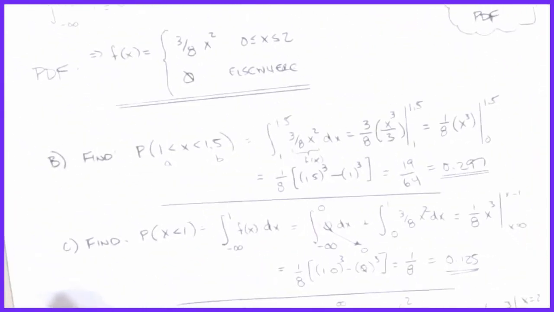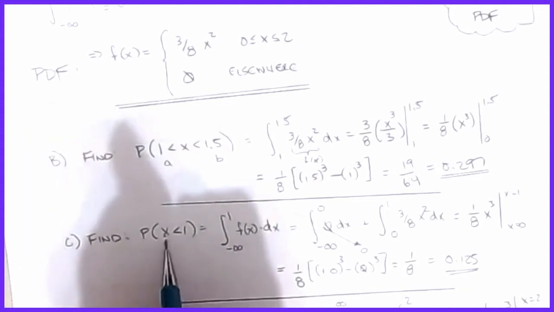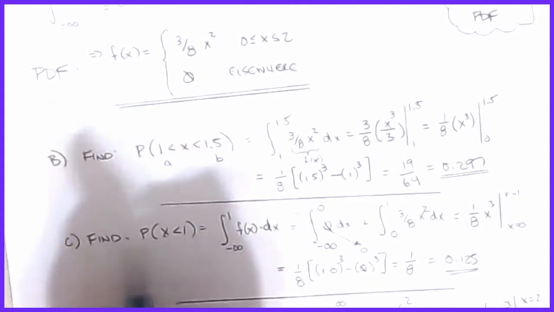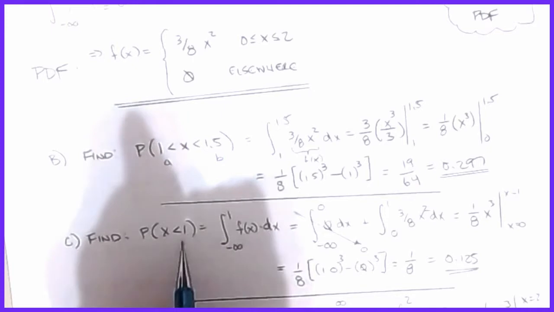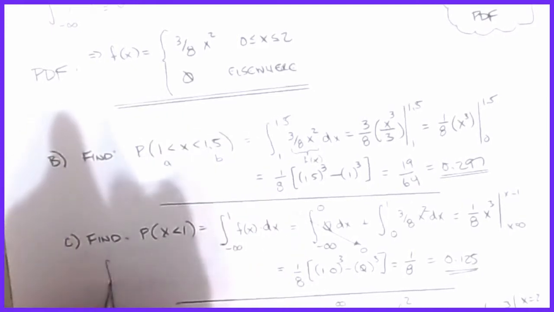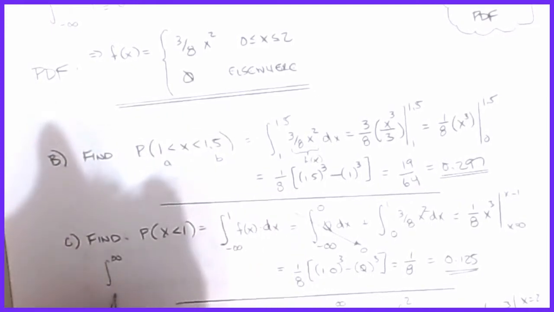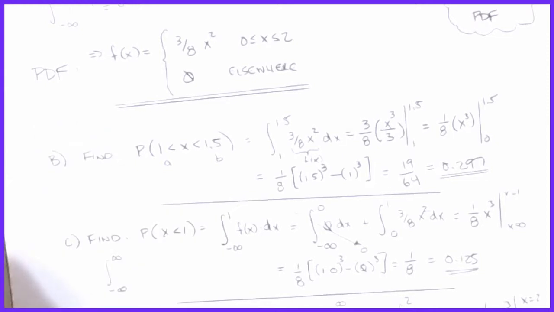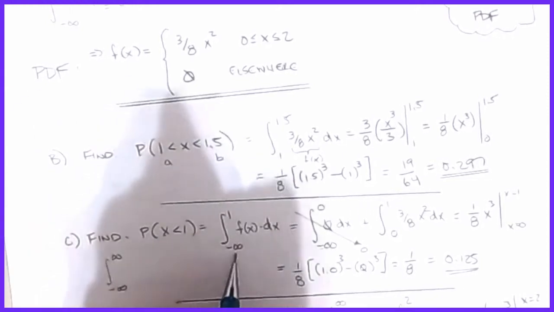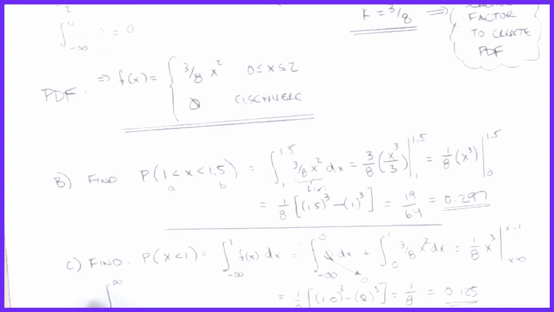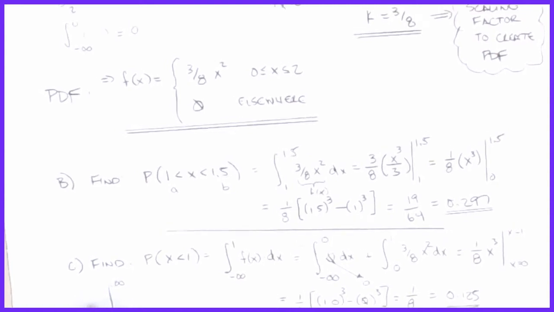Okay, now, what do we do when I don't care about one of the bounds? So let's do the probability of x less than 1. Well, again, the original integral went from negative infinity to positive infinity. Now we're going from minus infinity to 1 of my f of x dx function. That's how we start to evaluate this.